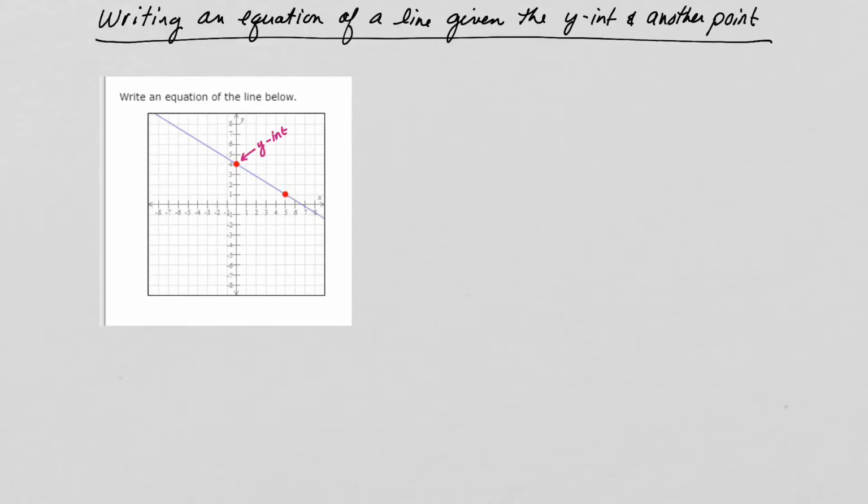Since I can easily determine what the y-intercept is, that makes this problem a great candidate to use the slope-intercept form of a line. And remember, the slope-intercept form for a line is y equals mx plus b. To use this, we have to plug in for m and for b.